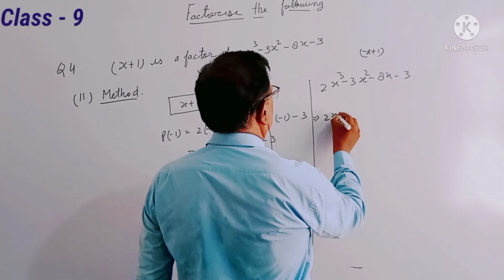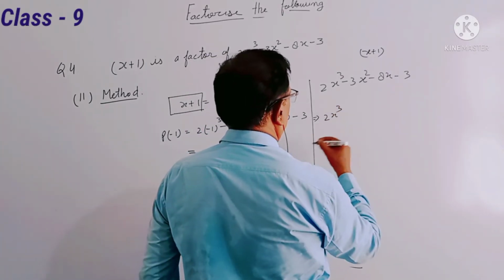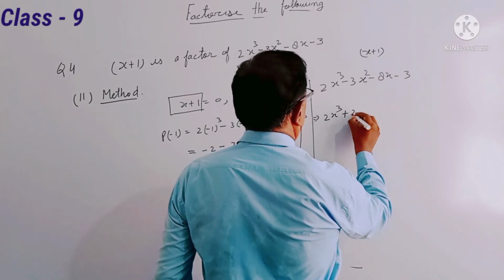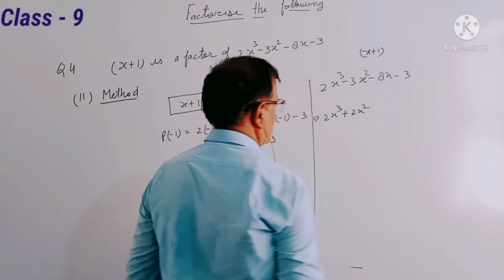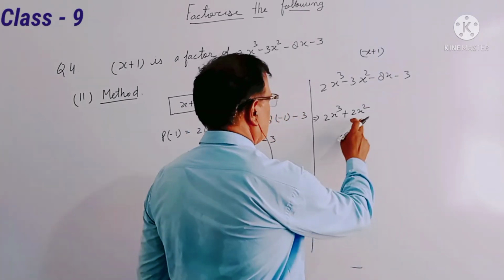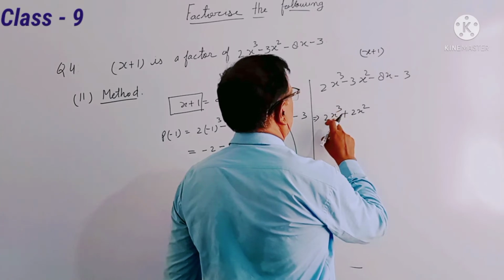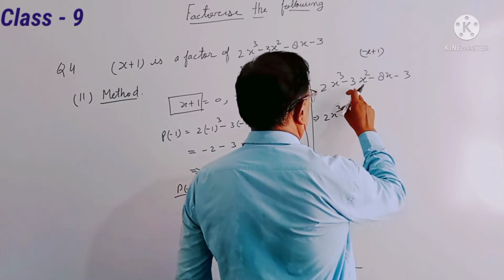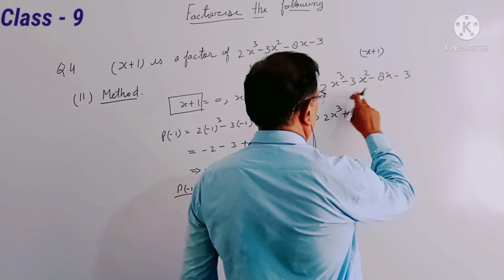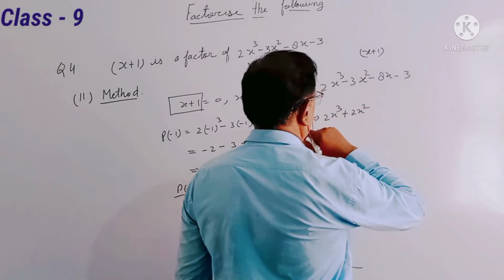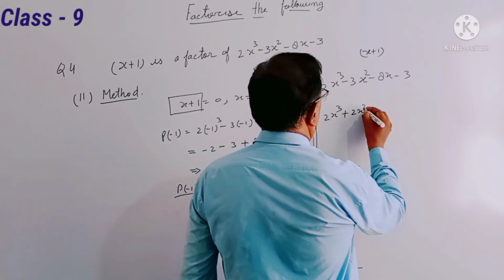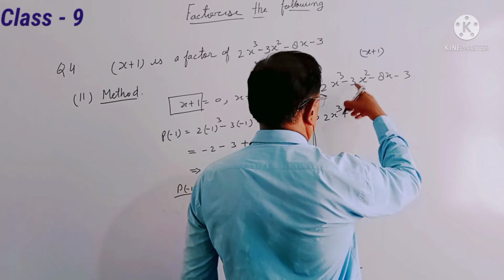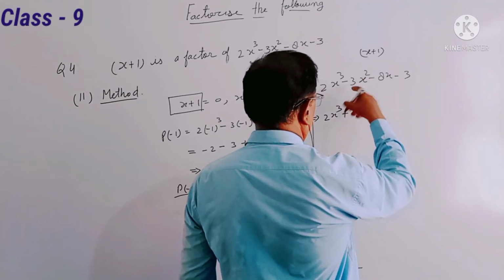Now 2x cube. We write here plus 2x square, so when we take common 2x square, x plus 1 will remain. Because plus 2x square is not in the question, but we do not change the question, we are going to solve the question. So minus 2 and 3 is plus, so we complete it.